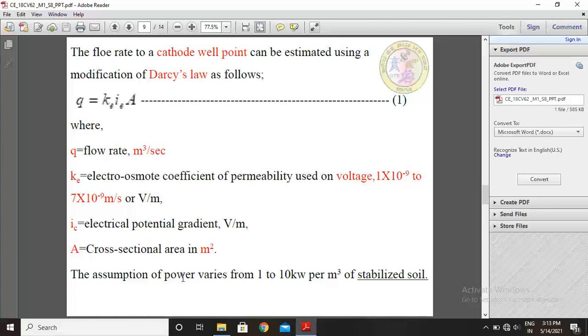The assumption of power varies from 1 to 10 kilowatt per cubic meter of stabilized soil. So based on the electro osmosis method, Darcy's concept is applied here to know the flow of water in terms of flow rates in cubic meter per second.